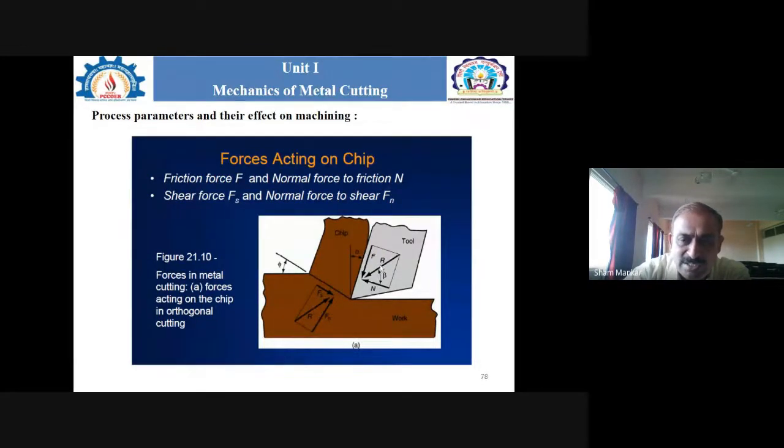From the cutting tool side we get F and N, and finally the resultant R. From the workpiece side we get Fs and Fn, the shear force and the normal force to the shear force. Similarly, R dash is also there. These are the kinds of forces normally acting on the chip that we must know.